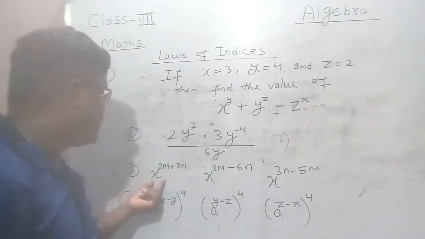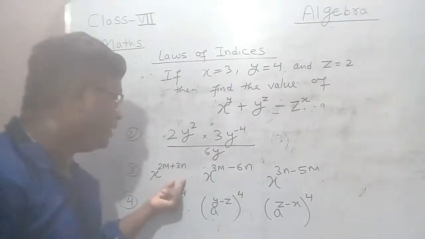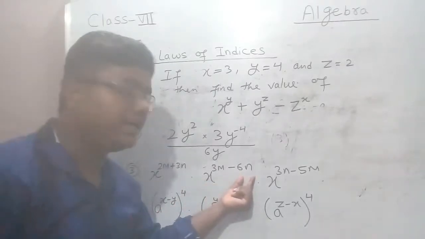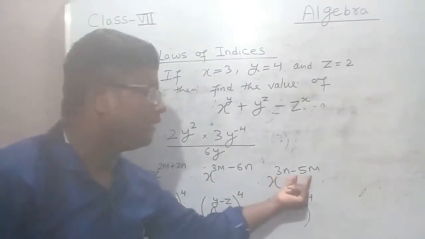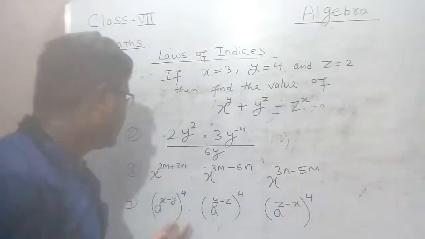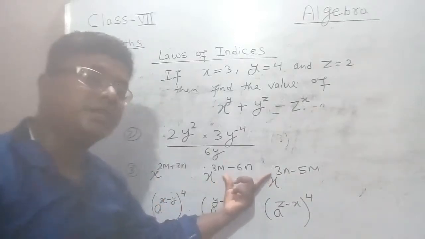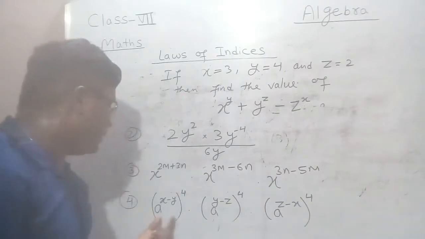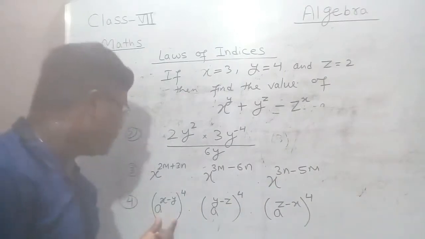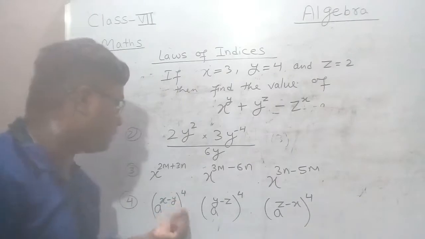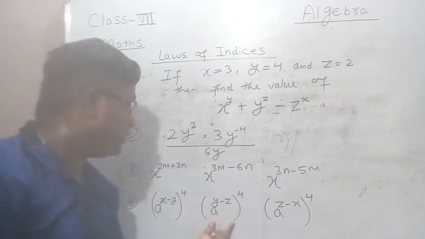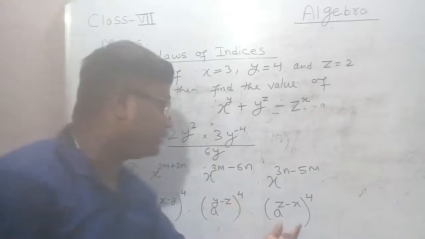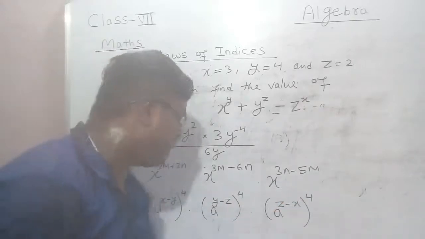Your third question is x to the power 2m plus 3n into x to the power 3m minus 6n into x to the power 3n minus 5n. You have to do multiplication, use the laws of indices and solve it. And your last question is a to the power x minus y whole power 4 into a to the power y minus z whole power 4 into a to the power z minus x whole power 4.